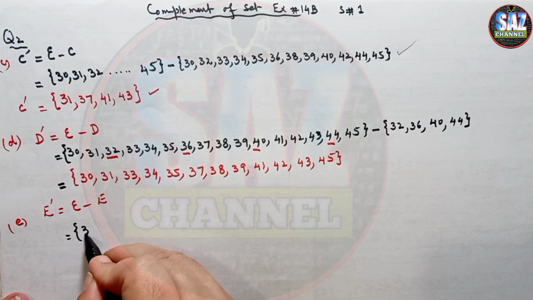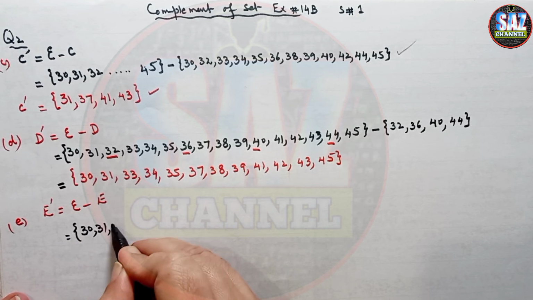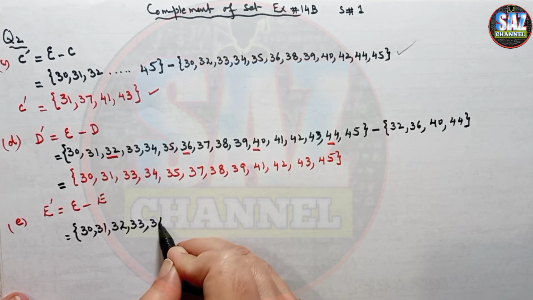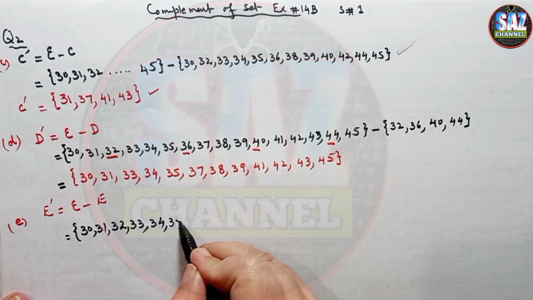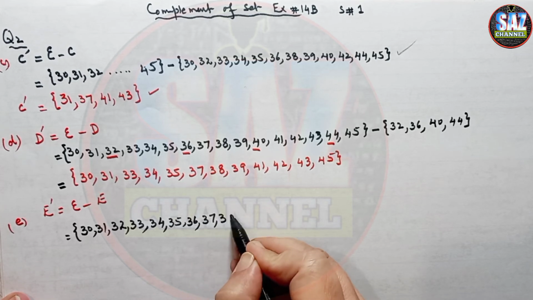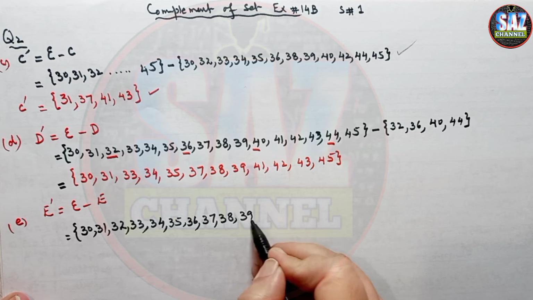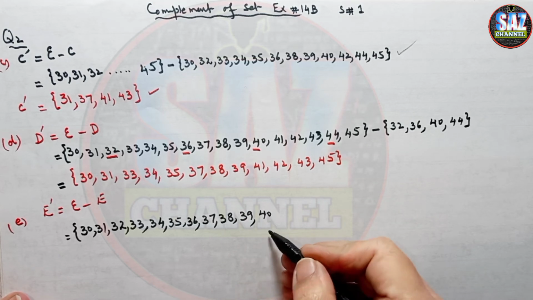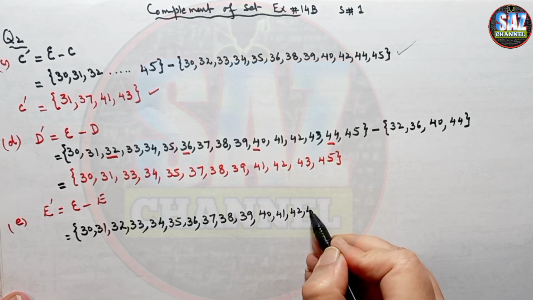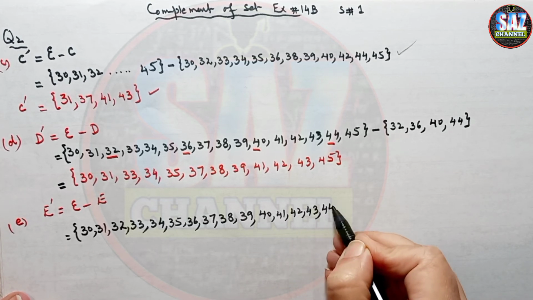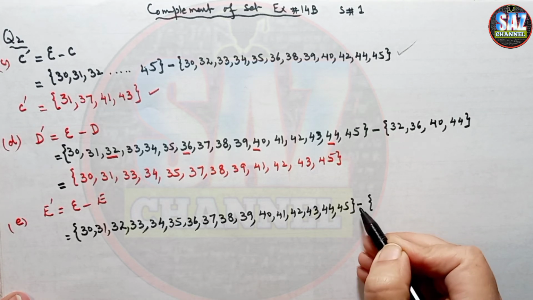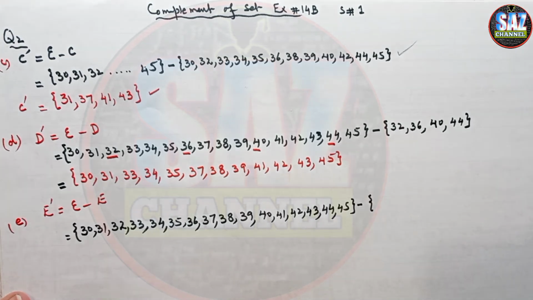Okay, 30, 31, 32, 33, 34, 35, 36, 37, 38, 39, 40, 41, 42, 43, 44 and 45 minus, and E is multiples of 3.